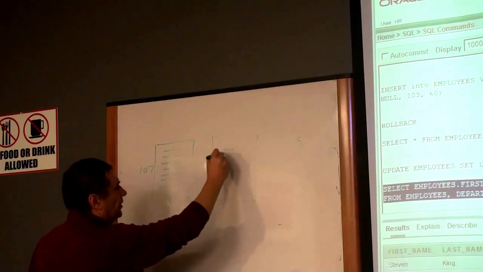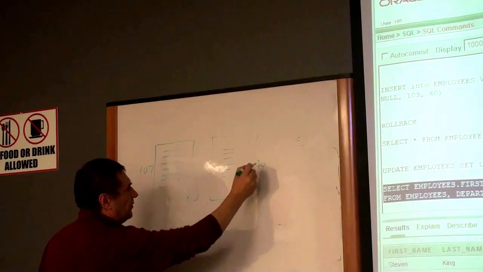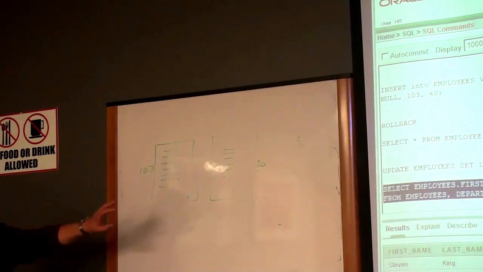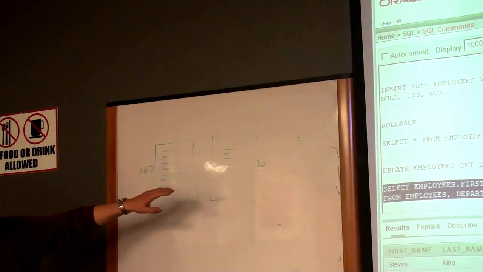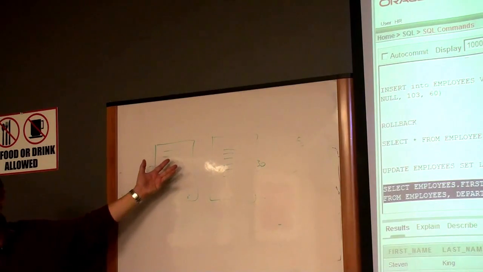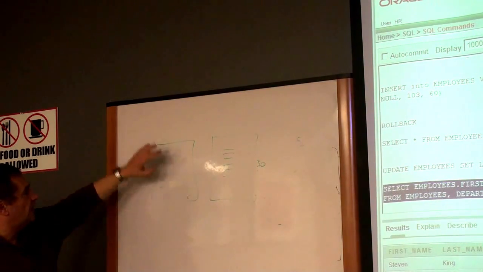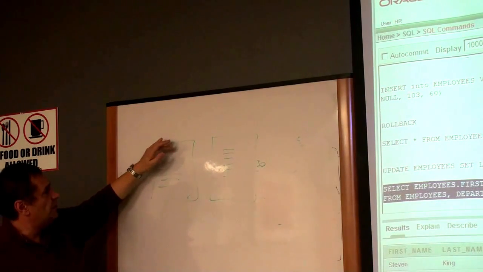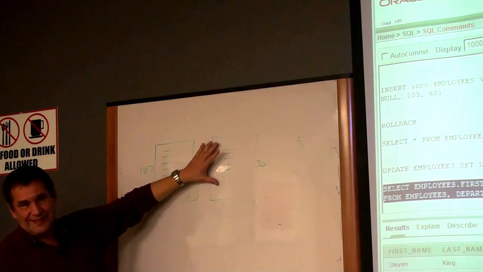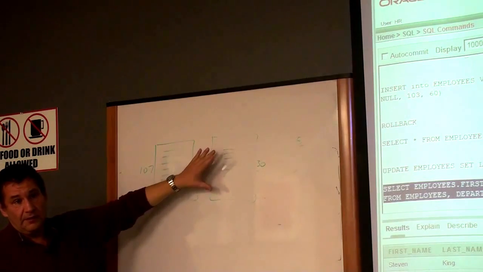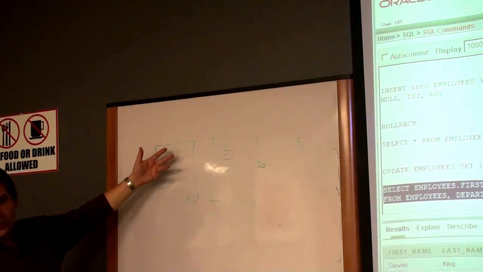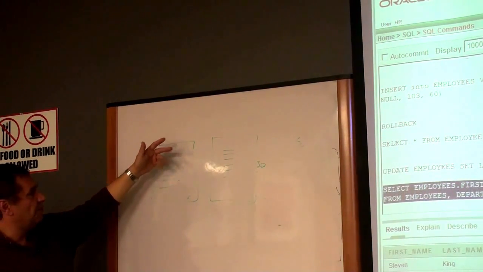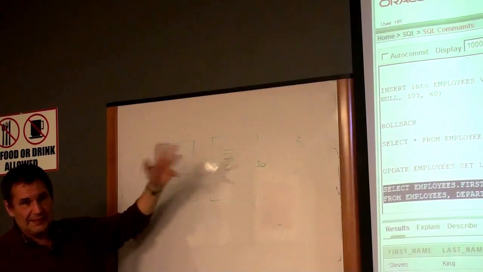Let's say 30. Now, when we write a statement like this, the database considers that the very first employee is working in all these departments at the same time. Then we get to the next employee, and the database again says the second employee works in the 30 departments at the same time.